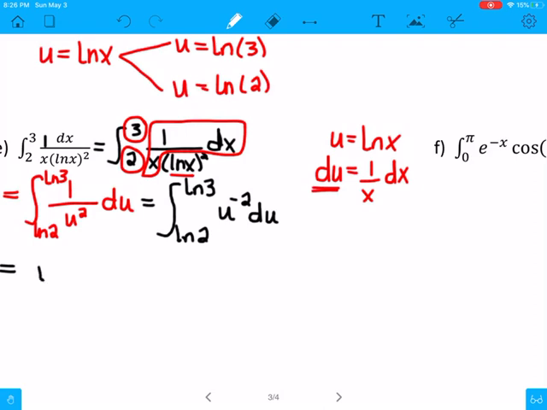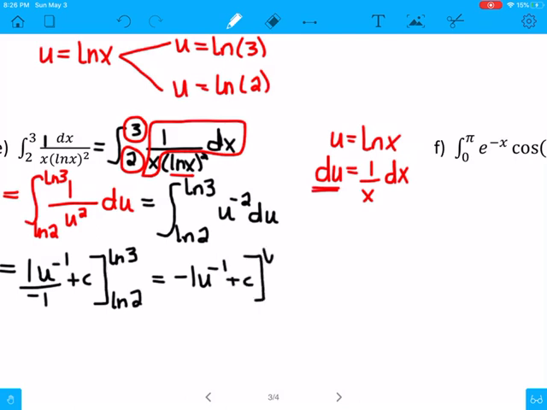So I'm technically going to get u to the negative 1, and then divide by negative 1 plus c from ln 3 to ln 2. So that's the same as negative 1 u to the negative 1 plus c from ln 3 to ln 2.